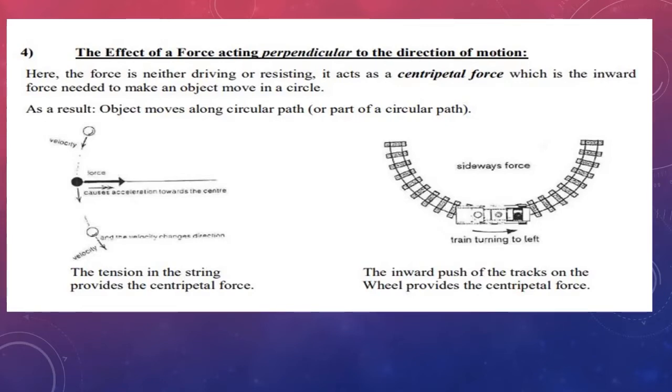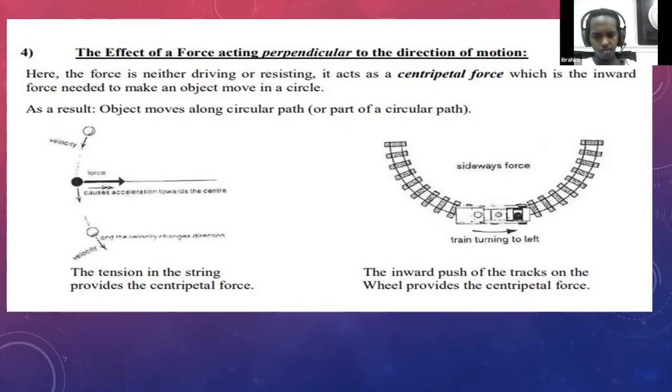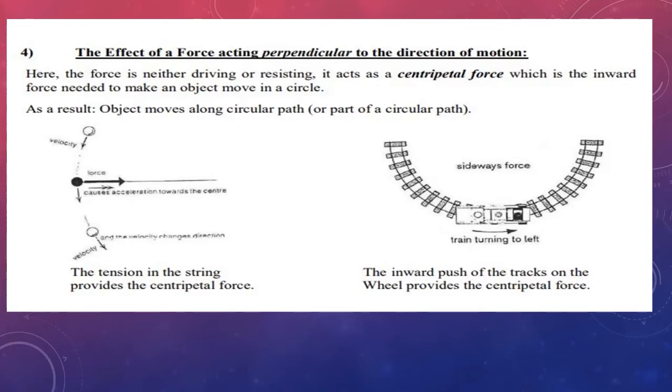The force, either driving or resisting, acts as a centripetal force, which is the inward force needed to make the object move in a circle. The direction of this centripetal force is all the time toward the center of this circle.